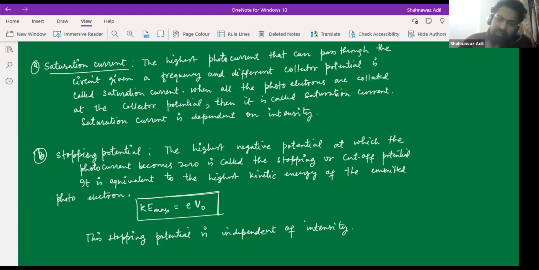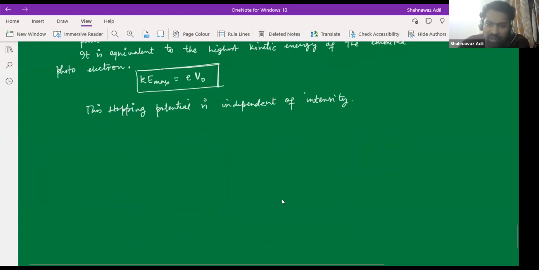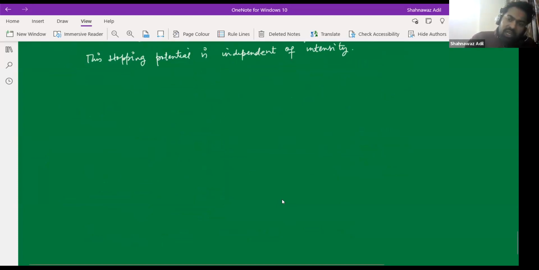Now in the third experiment, we will fix the intensity and we will vary the frequency. So third is variation with frequency.